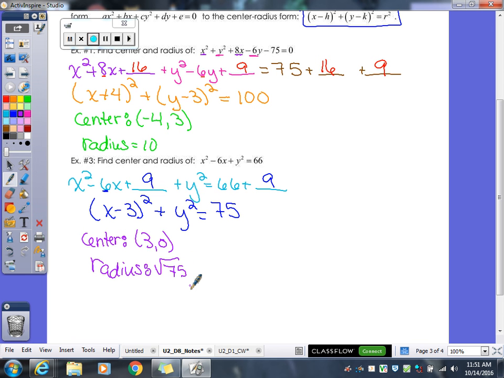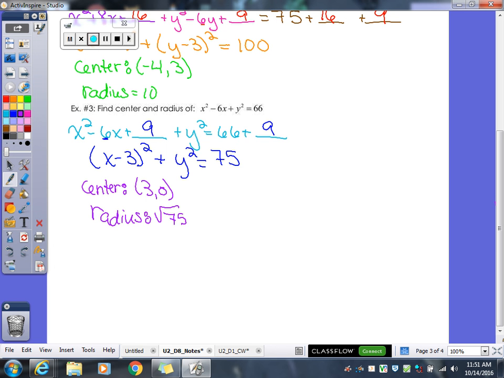I can't leave it as a square root of 75. So what's our perfect square that goes into 75? 25. 25 times what? So the square root of 25 is, so we get 5 radical 3. Again, if you need the steps for that, we did 25 times 3. 25 is a perfect square. So the square root of 25 gave me our 5 there.